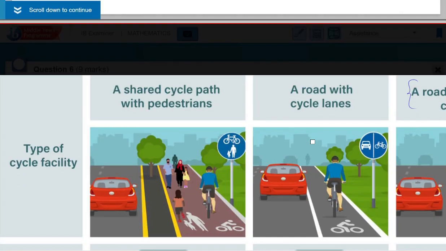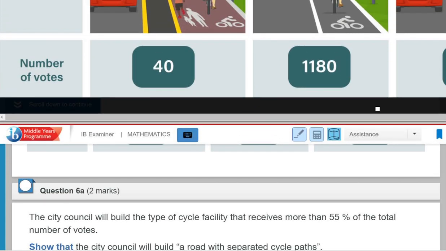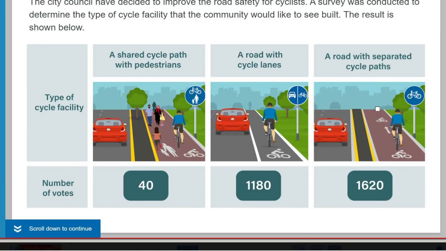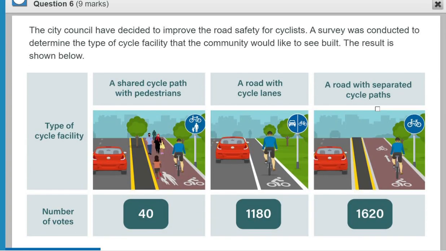I hope you're done. So the city council will build the type of cycle facility that receives more than 55% of the total number of votes. Show that the city council will build a road with separate cycle, which means we have to show that more than 55% of the total votes should be in favor of that facility. So how many votes were there in total? Let's first see. If they mention no, I think we'll have to calculate it. 40 plus 1180 plus 1620.